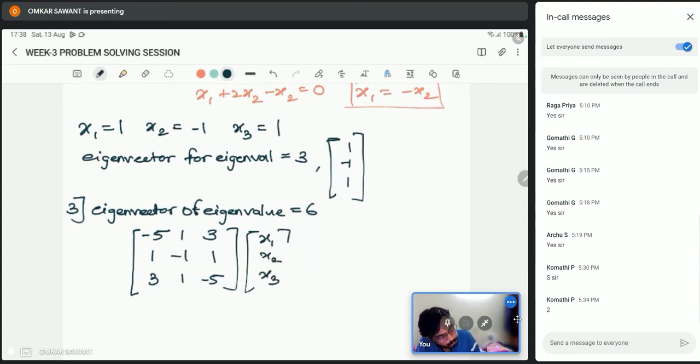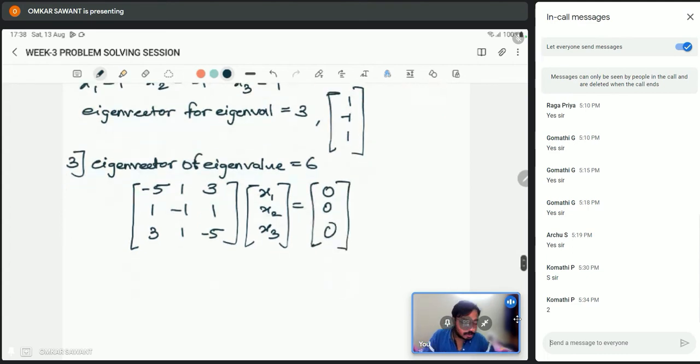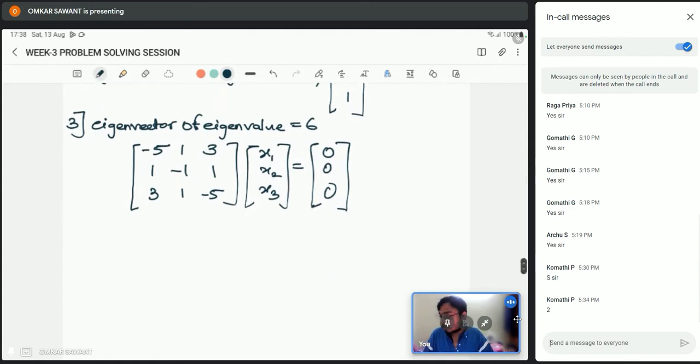Anyone will calculate, please let me know once you have calculated the value and found the eigenvector. Eigenvalue 6, I want the answer from you. Take your time, do it patiently.